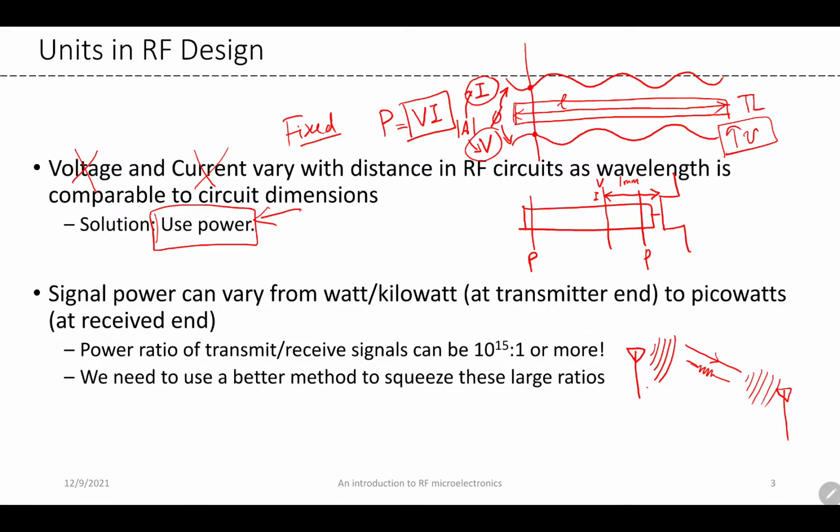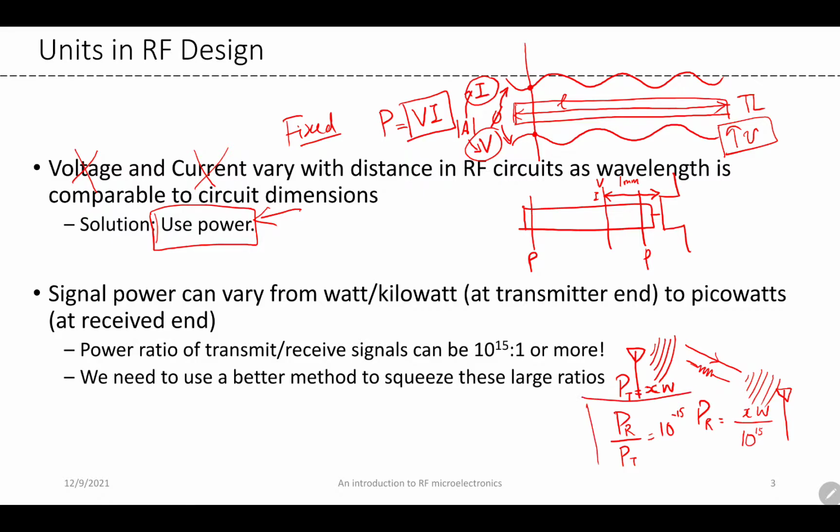If you send out a signal with X watts of power, you will receive a signal which can be as low as X by 10 to the power 15 watts. So the scale of power levels which you encounter when dealing with RF systems is huge. If you look at the ratio, this is the P transmitted and the P received. If you look at PR by PT, it can be as low as 10 to the power minus 15.